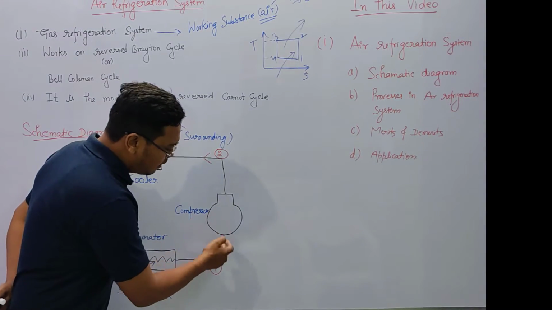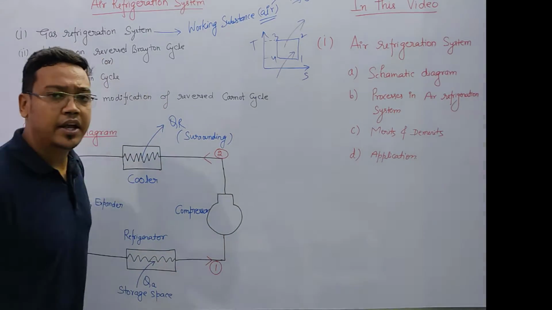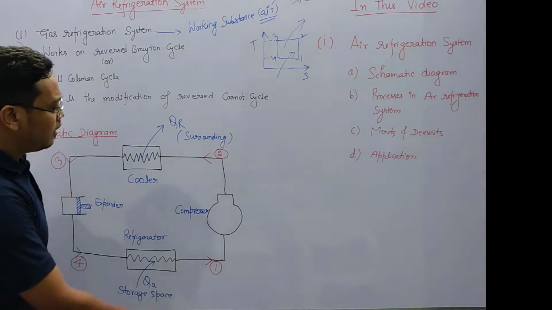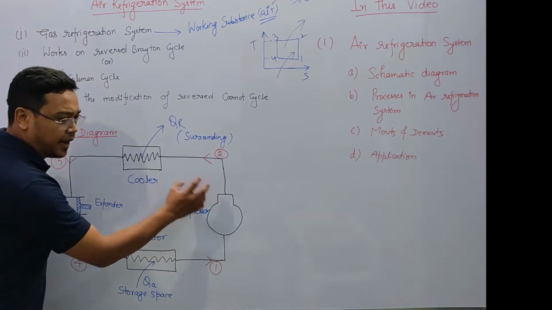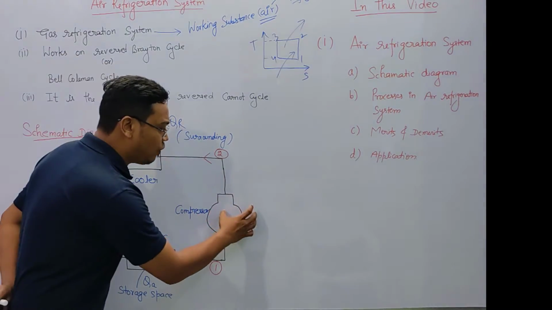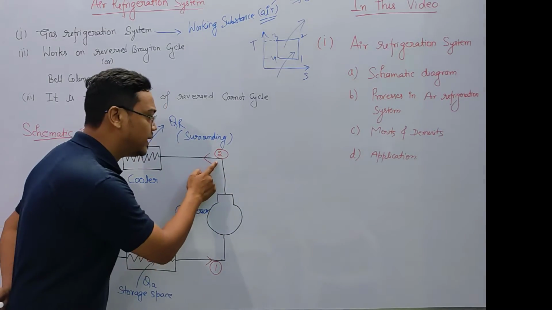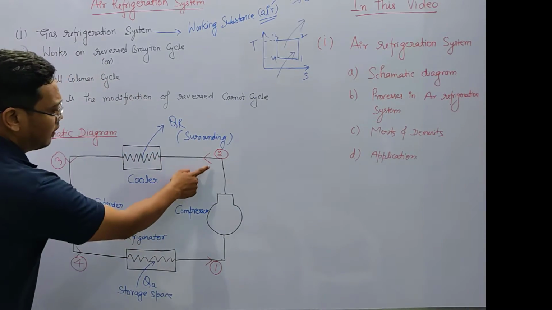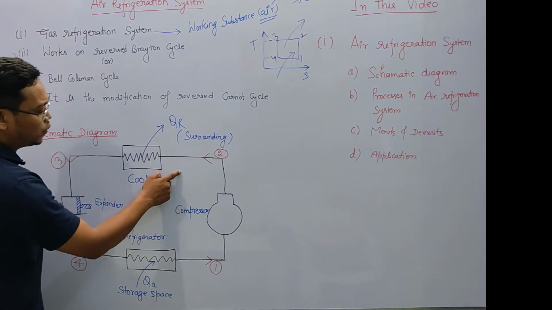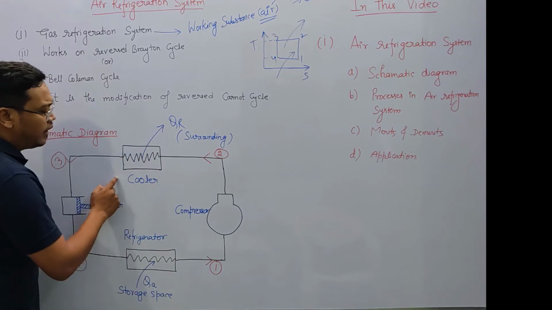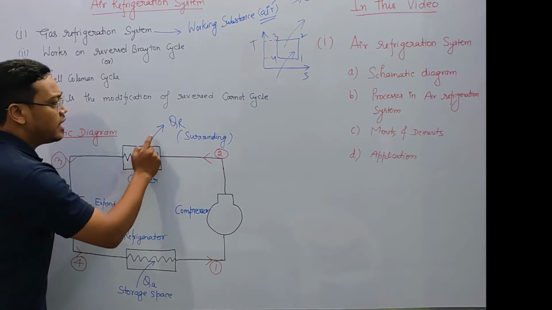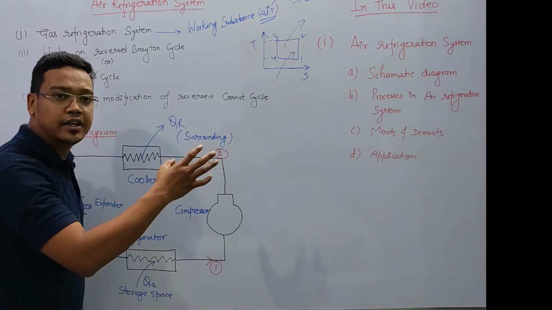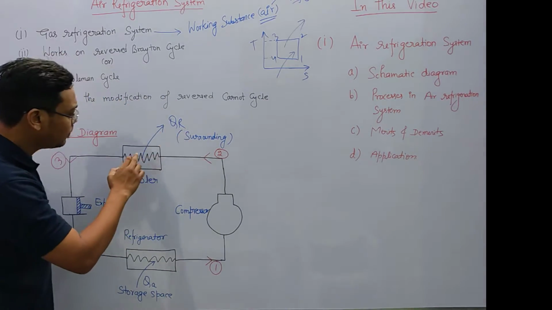In compressor, air will be compressed. Compressing means pressure and temperature of air will increase. Then after compressor, air will go to the cooler. In this case, this air will release heat to the surrounding, like the rear side of window AC that I have already told.